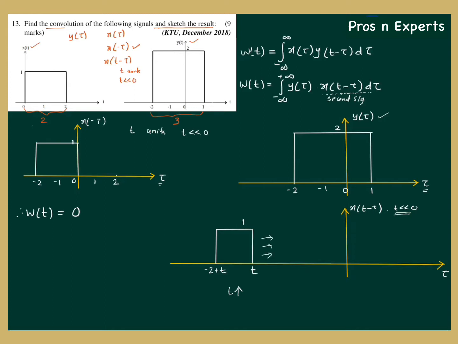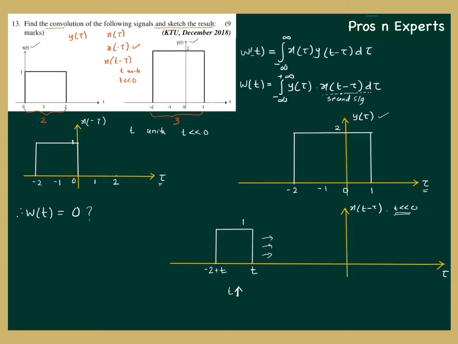Okay. And then what is the product? Again, if the movement is slightly to the right, the product is 0, because these two signals are non-overlapping, so the product is 0. And my question is, up to what value of t, if I keep on increasing, does the product remain 0?